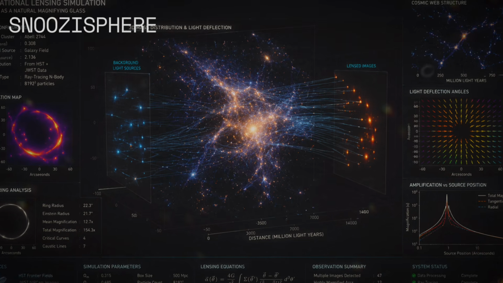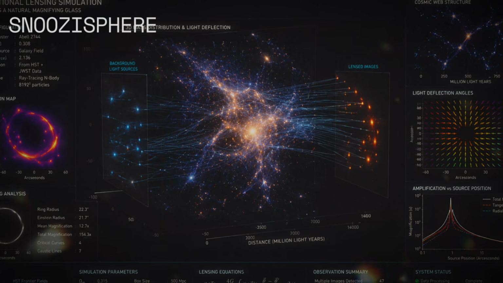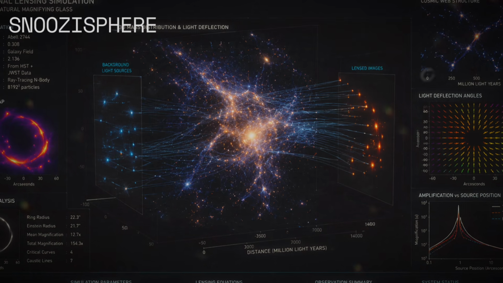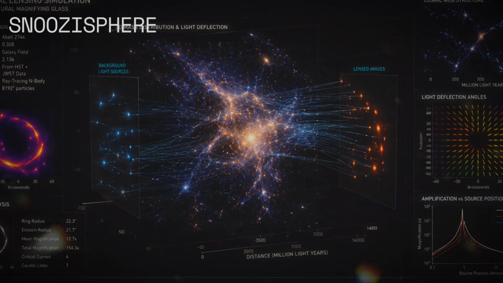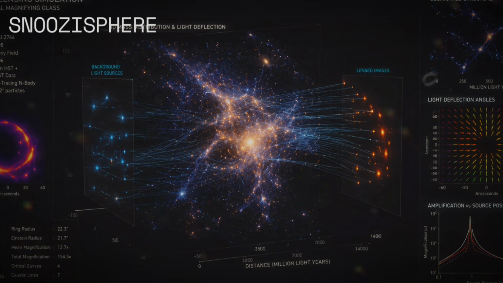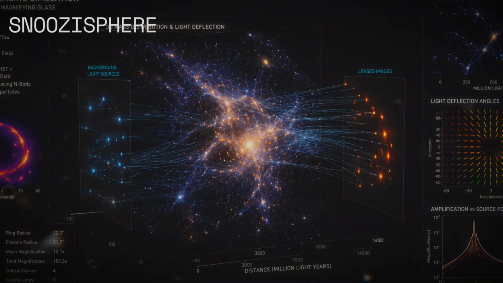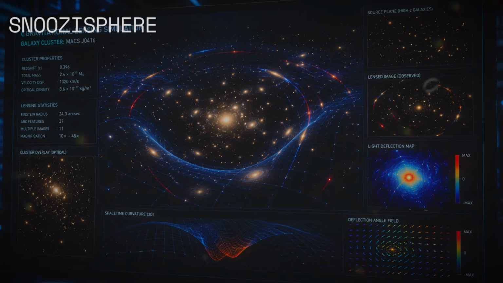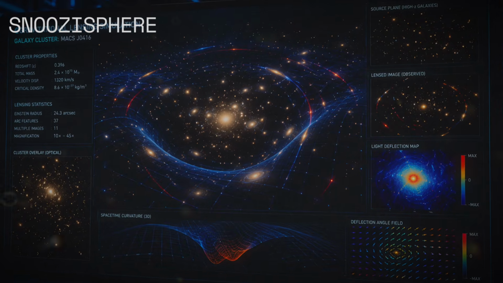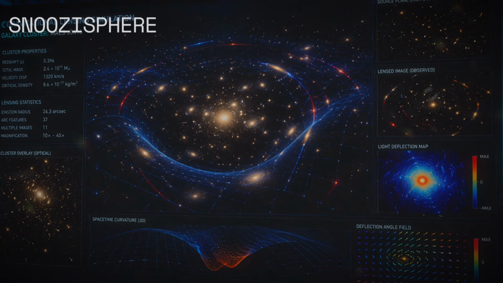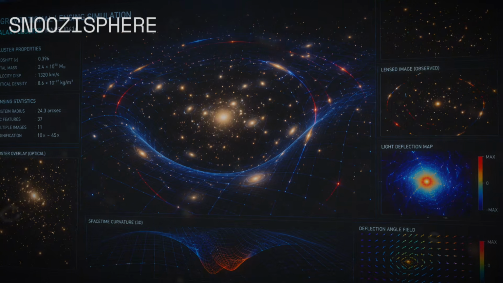The transition from the geocentric view, where everything orbited the Earth, to the heliocentric model was a revolution that changed humanity's self-perception. Today, we are undergoing a similar shift, moving from a view of a static universe to one that is dynamic, expanding, and composed mostly of components we do not yet understand.